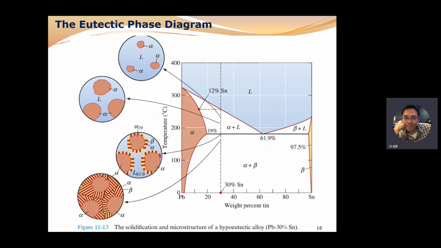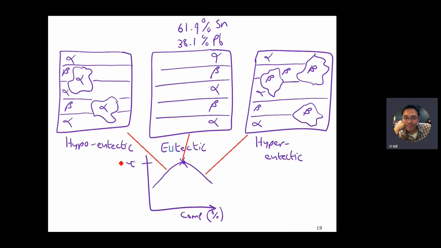Therefore, we can find out its mechanical property corresponding to hypo or hypereutectic, right? Therefore, as we already mentioned, the eutectic reaction is able to enhance the dispersion strengthening.